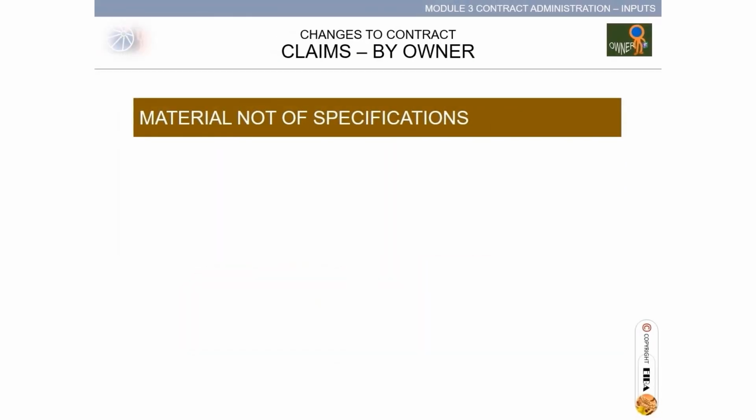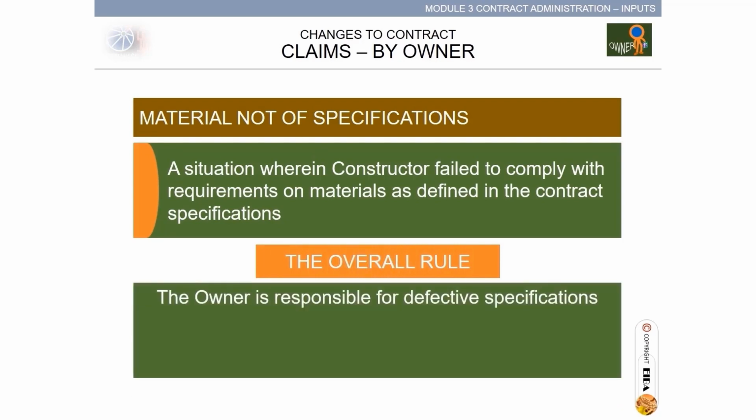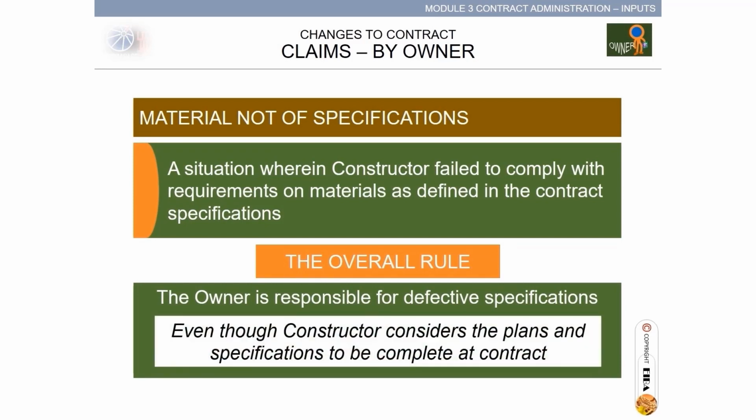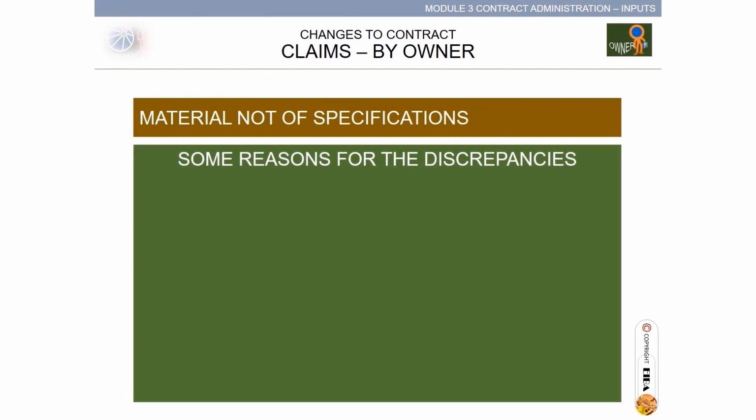Material not of specifications: a situation wherein the constructor failed to comply with requirements on materials as defined in the contract specification. The overall rule: the owner is responsible for defective specifications, even though the constructor considers the plans and specifications to be complete at contract. Continuing with material not of specifications, some reasons for the discrepancies.